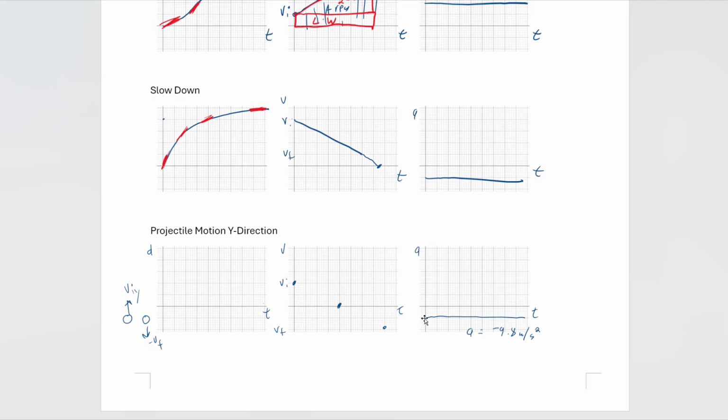And so this is going to be a straight line, and my slope is going to be equal to negative 9.8 meters per second squared. And this positive area here is going to be how high the object goes, and then that would be equal in magnitude to the negative area here because it comes back to the ground again.